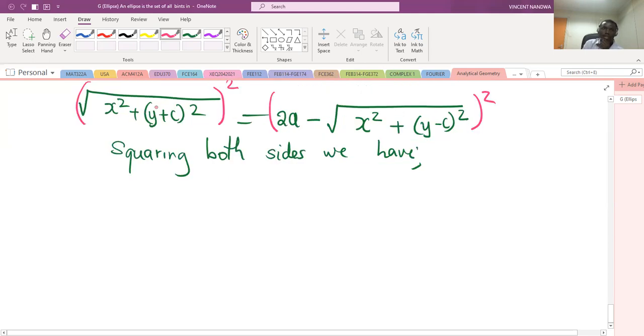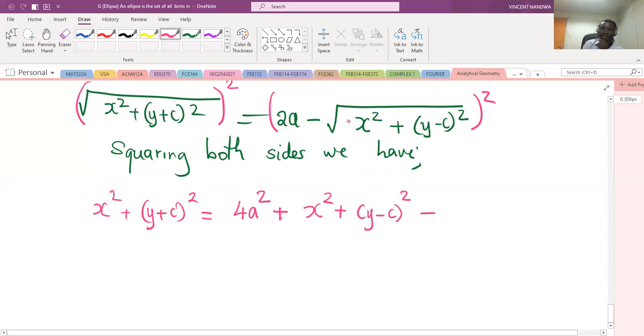We'll have x squared plus y plus c squared. Squaring the right side, the first term is 4a squared, plus the square of the root term, which is just what we have inside the square root sign, and then minus twice this term and this term, so we'll have 4a square root of x squared plus y minus c squared.